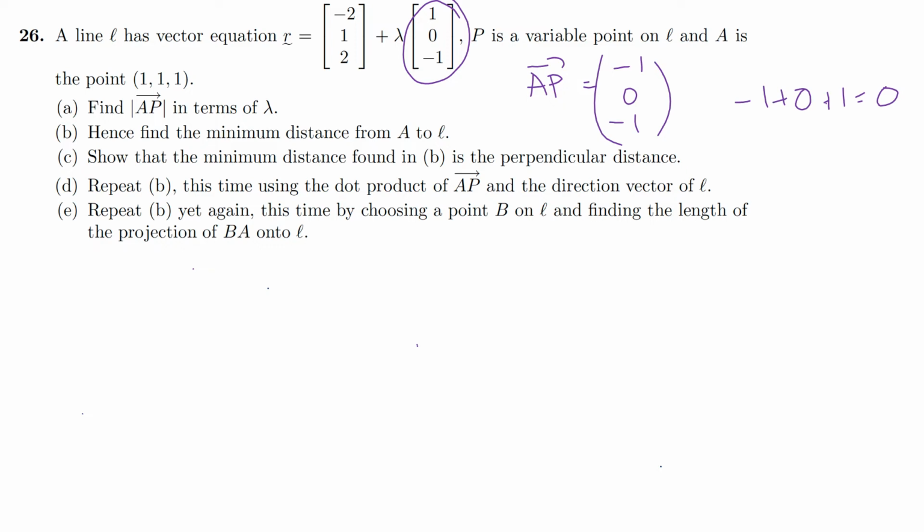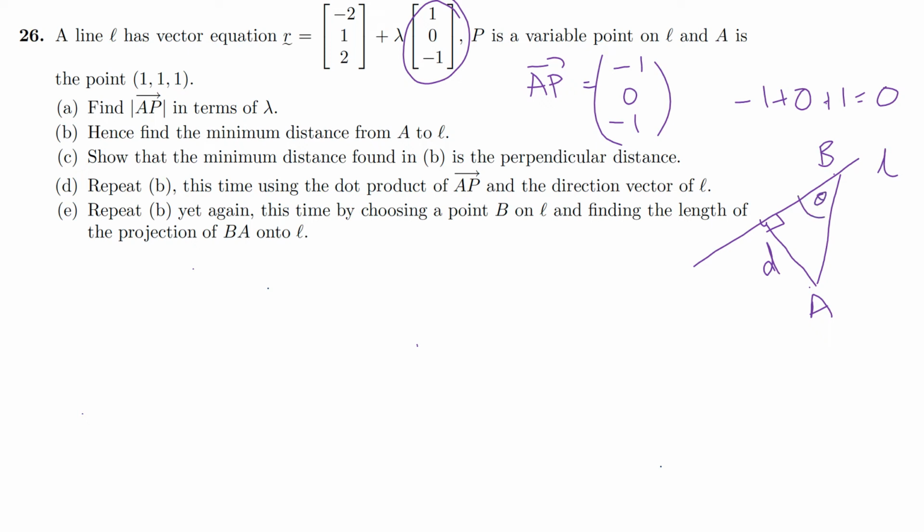We've got this line L, and we know the shortest distance from A to L is the perpendicular distance, but we're going to choose another point, B, on line L, and that will help us find this distance using a projection. This time we just want the scalar projection, not the vector projection, because we just want that distance.